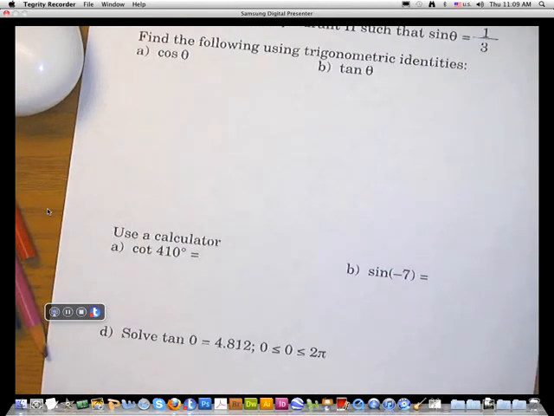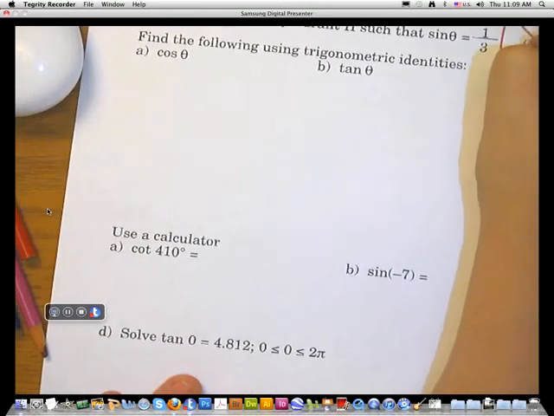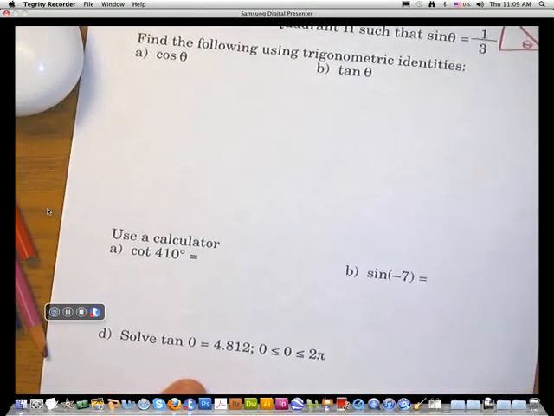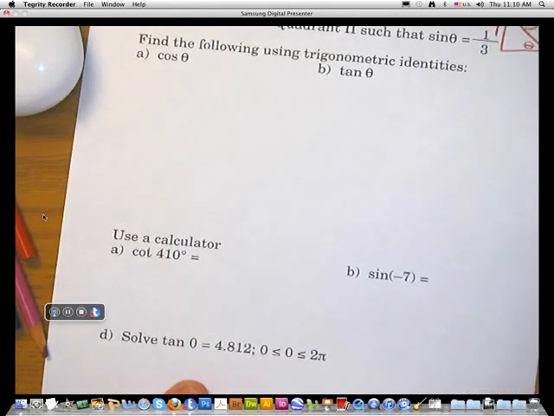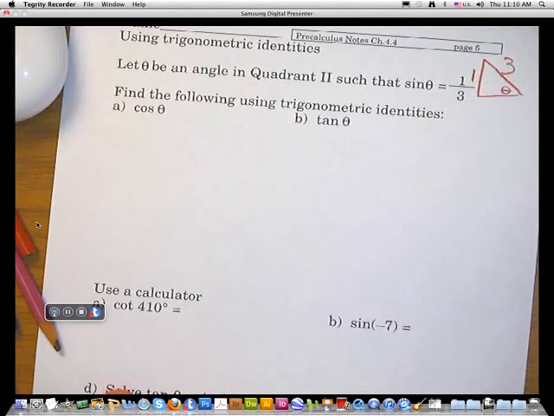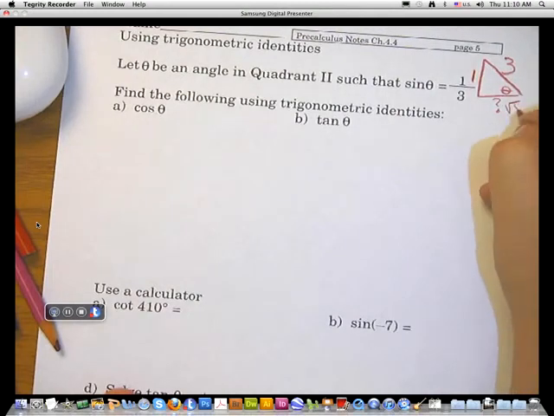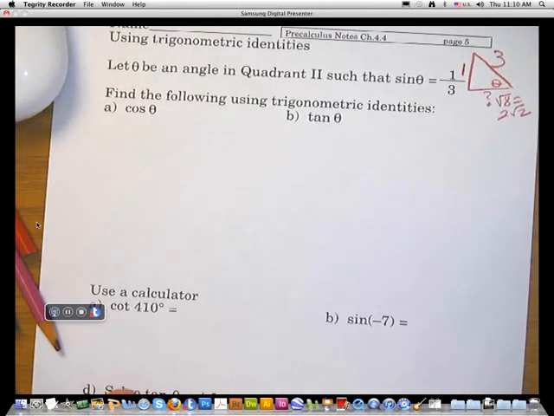Okay, let's look at another example here. If I know my angle is in quadrant 2, so quadrant 2 looks like this, and my sine value is opposite over hypotenuse, I do the Pythagorean theorem to find that missing side. 3 squared minus 1 squared gives me the square root of 8, which is 2 root 2.